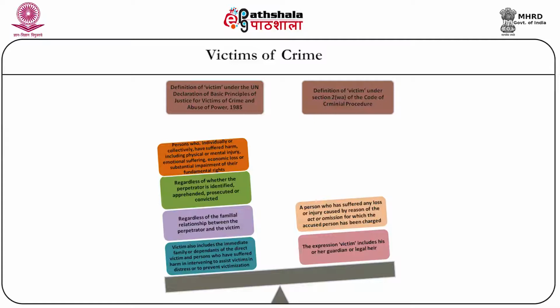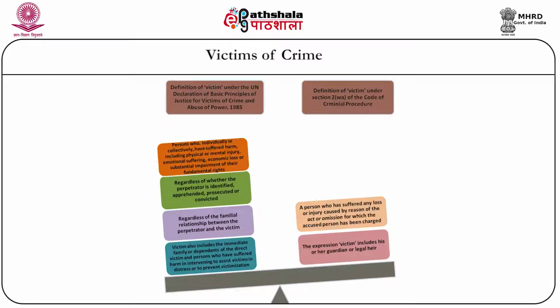Regardless of the familial relationship between the perpetrator and the victim, victim also includes the immediate family or dependents of the direct victim and persons who have suffered harm in intervening to assist victims in distress or to prevent victimization.